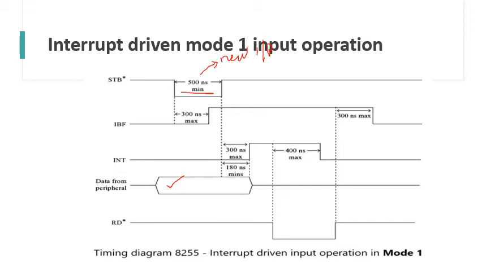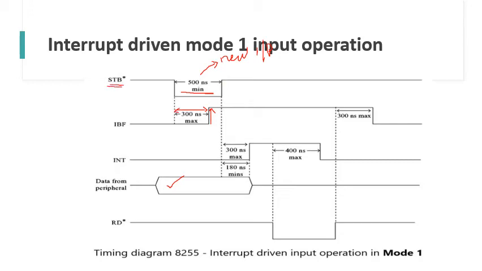The next step is to indicate that the input buffer is occupied by unread input data. The input buffer full IBF signal goes high. This happens after a maximum of 300 nanoseconds of the start of the STB pulse.